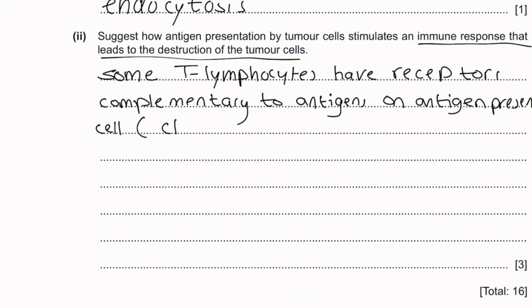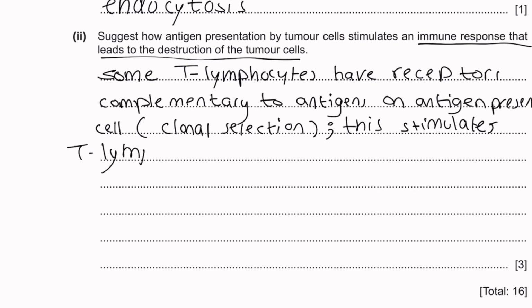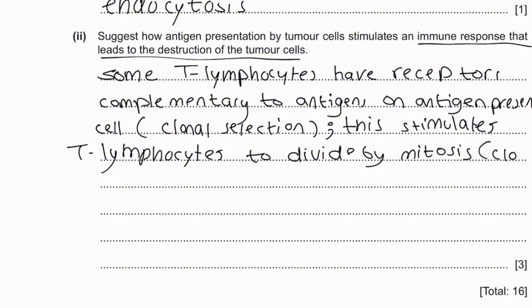This is known as clonal selection, which is when a cell has a complementary receptor. Now, after clonal selection happens, this stimulates lymphocytes, or T lymphocytes more specifically, to divide by mitosis, which is obviously clonal expansion.